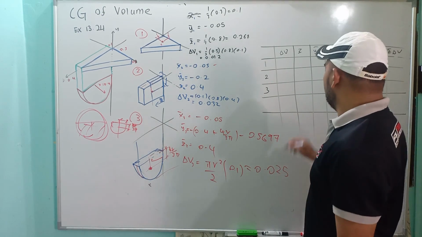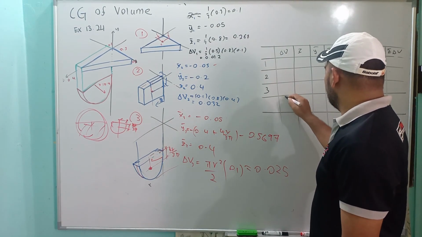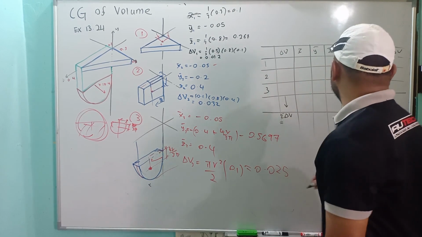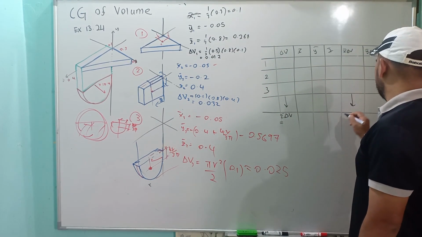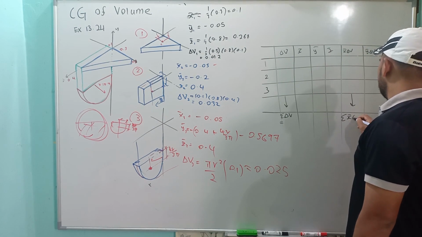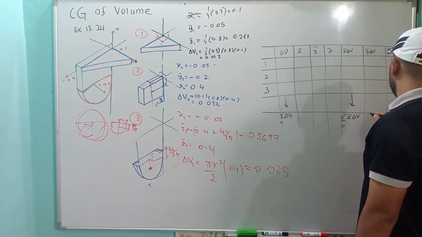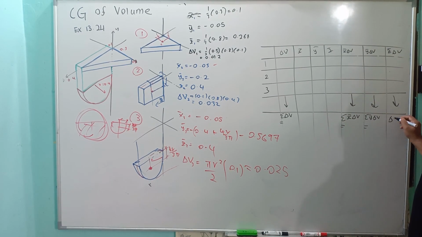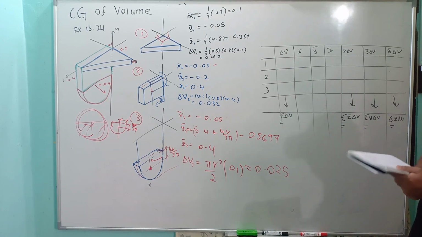At the end, we want sigma delta v equal to, sigma x bar delta v equal to, sigma y bar delta v equal to, sigma z bar delta v equal to. So put in one by one.